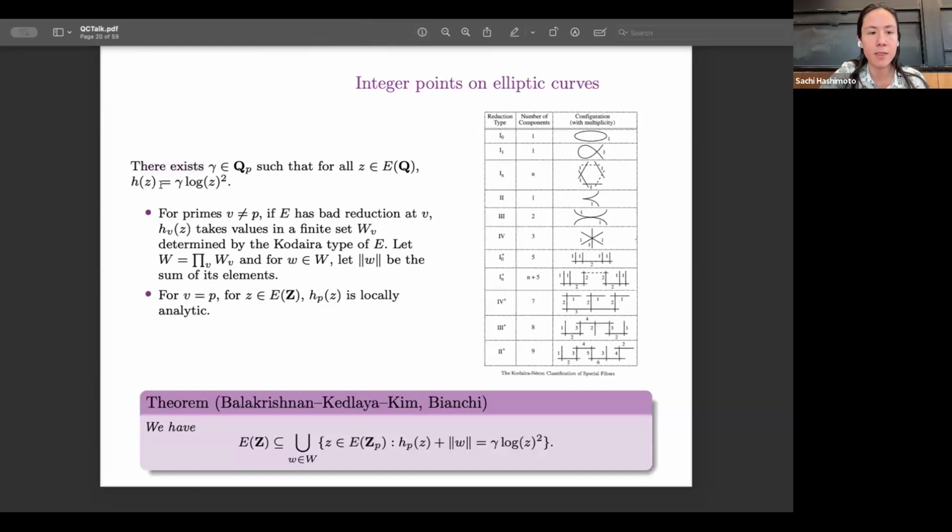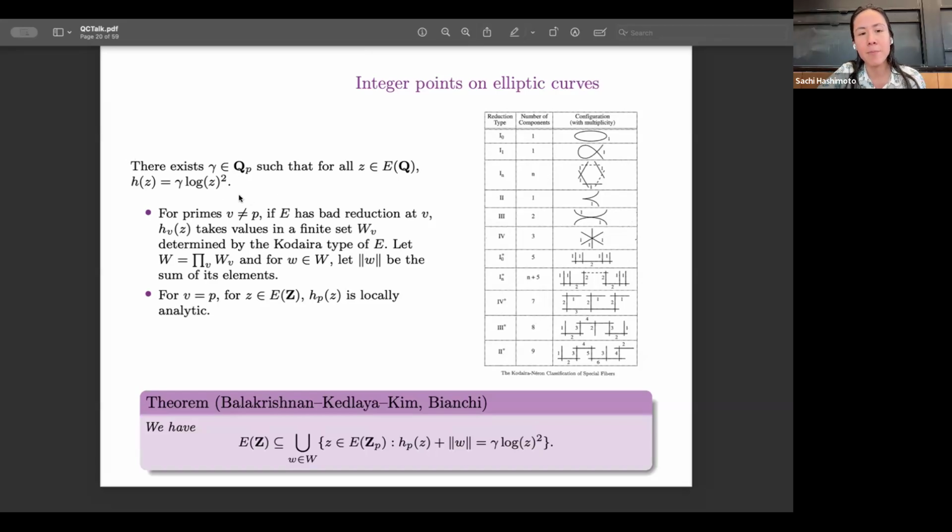And so now we want to exploit this relationship. So I copied over this equation here from the previous slide. And I want to break up the left-hand side, the global height, into the decomposition into local heights for each prime v. So local heights have kind of a dual nature. There's the local height at p, and then there's the local height not at p.